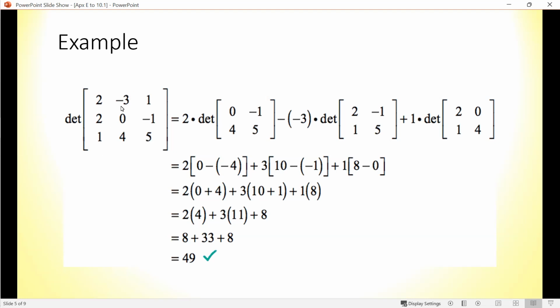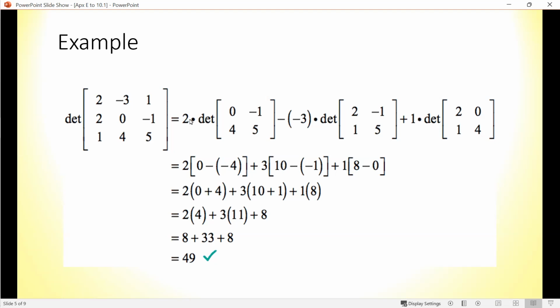We take the next element, -3, and multiply that by the remaining 2 by 2 matrix when we cross out the row and column that contains -3. Remember, this term gets subtracted. We alternate add, subtract. Now we take the third element of our top row and multiply that by the determinant of the remaining 2 by 2 matrix.